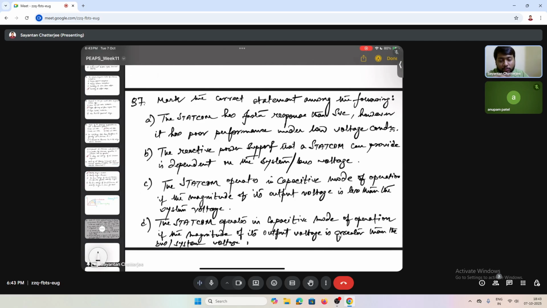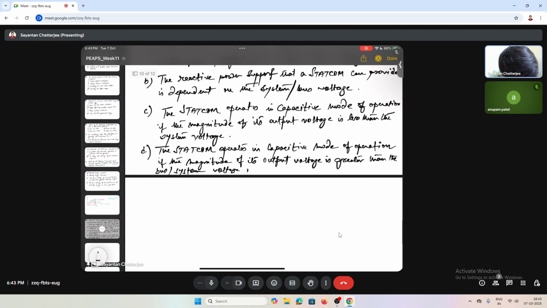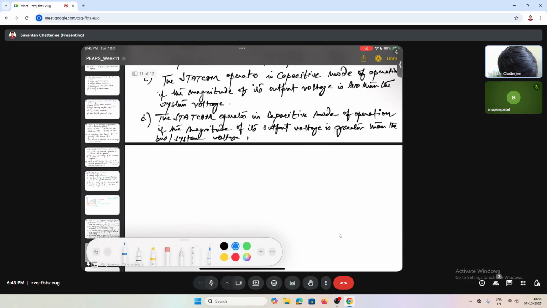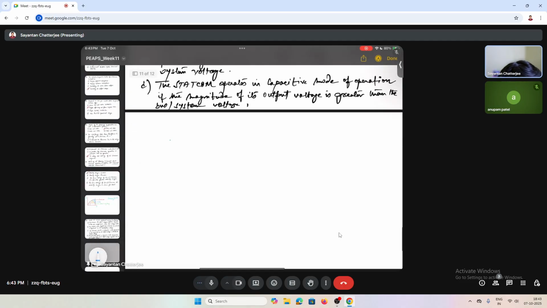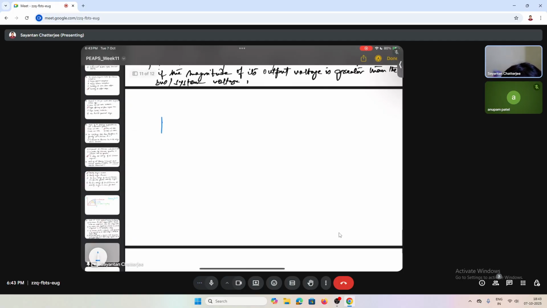I'll just draw it. Sir has already drawn it in his lecture. If you could just recall, the Statcom is connected here, and this is the grid.